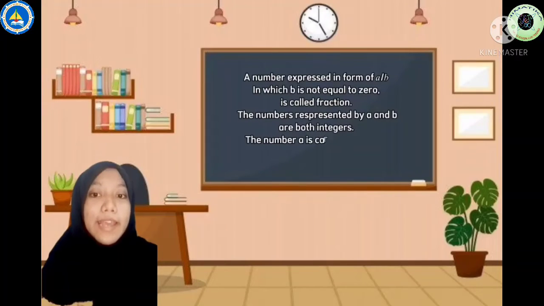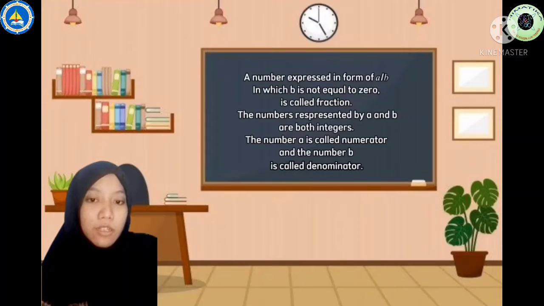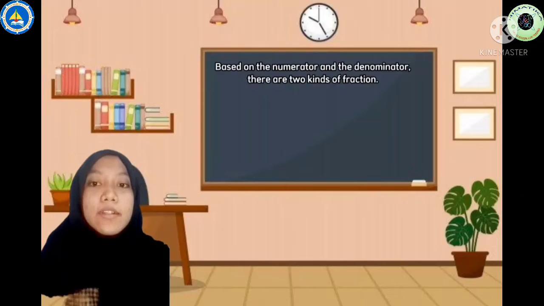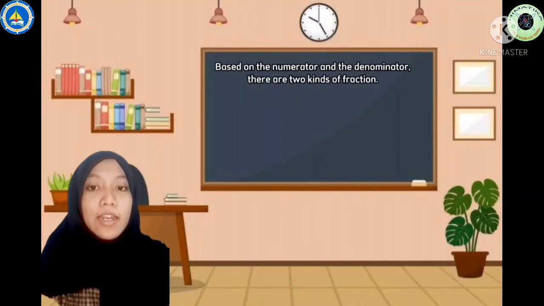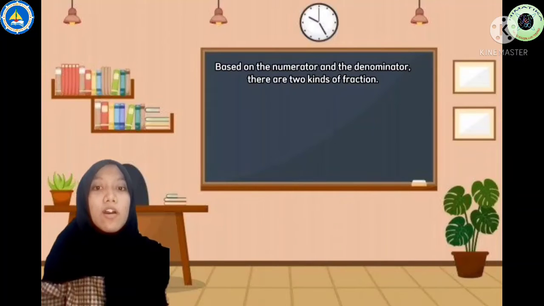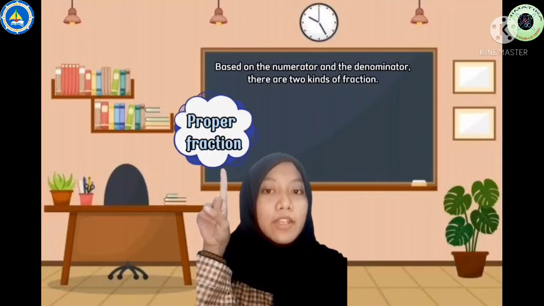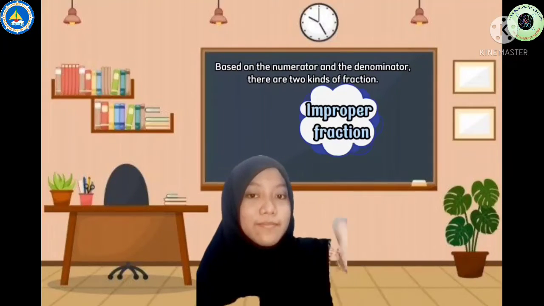The number a is called numerator and number b is called denominator. Based on the numerator and the denominator, there are two kinds of fraction. First, proper fraction and second, improper fraction.